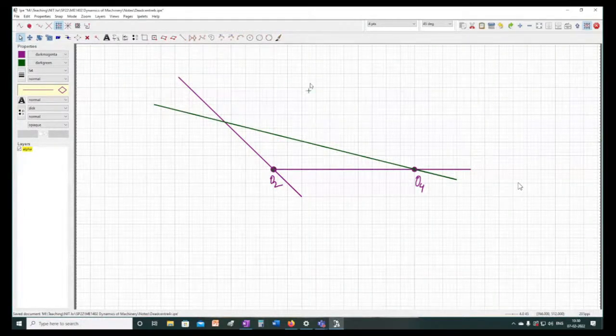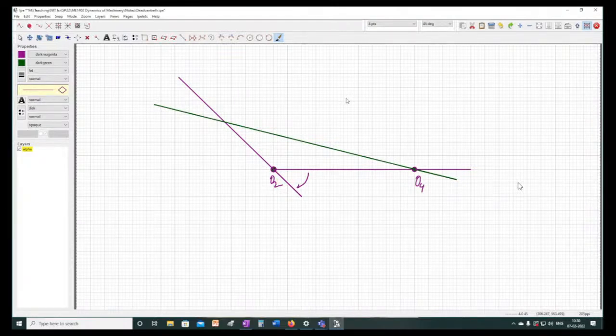Here, this angle is theta 2 1 2 divided by 2.